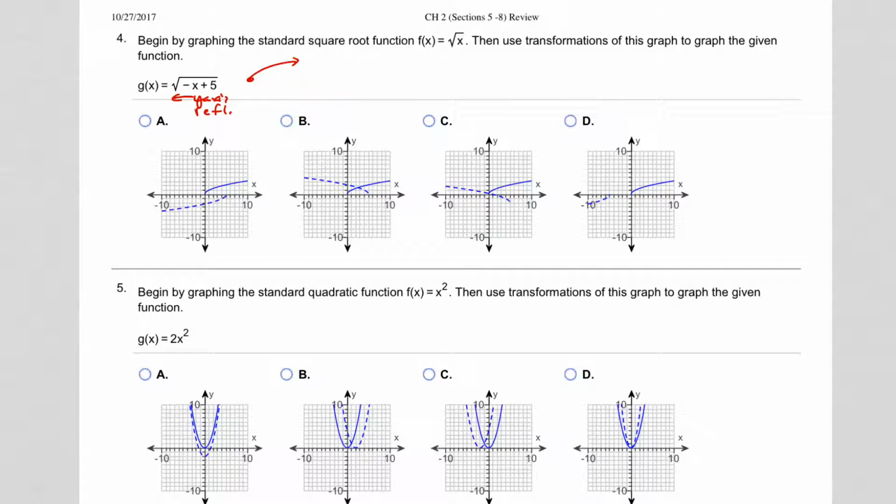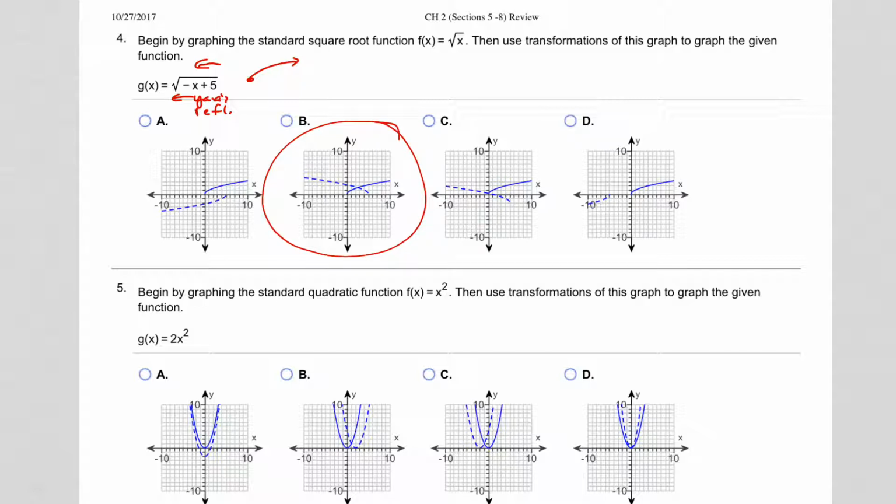Okay, so it should be pointing to the left this time, which they all are. And then we need the one that has a horizontal shift to the left 5 units. Okay, so the only one that does that would be this one.